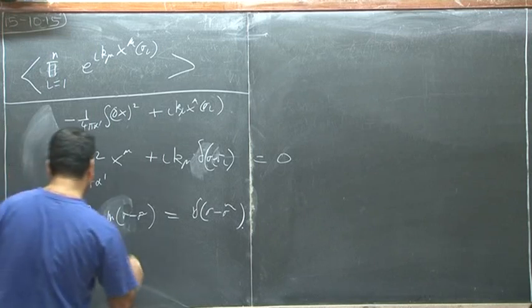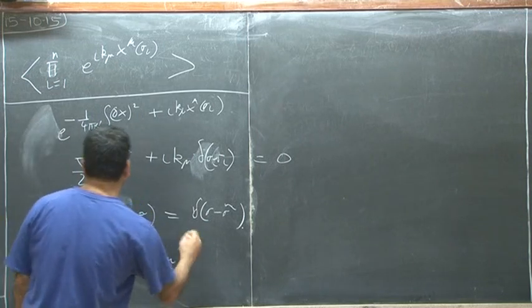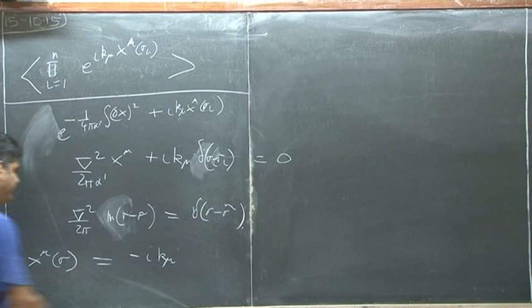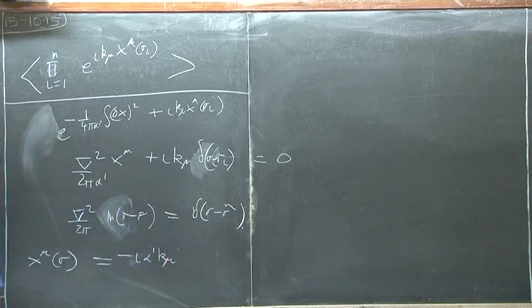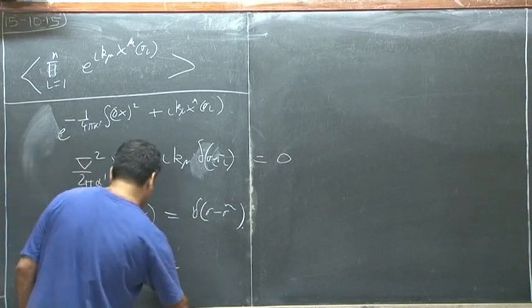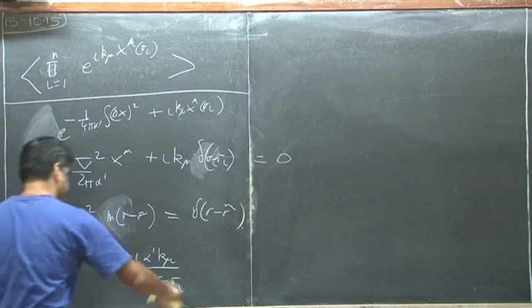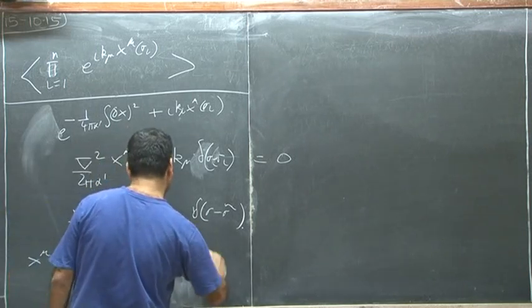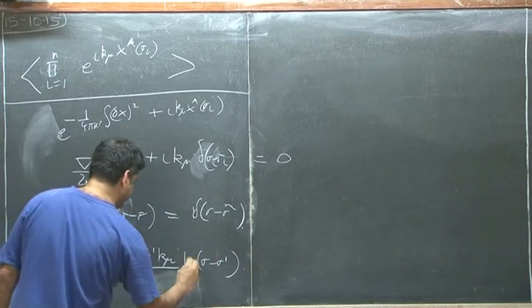And so we find that X^mu is equal to, so let's see, minus i k_mu. Then we get an alpha prime here. So minus i alpha prime k_mu times log of sigma minus sigma_i, summed over all sigma_i.